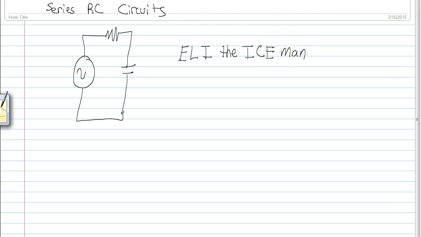That simple phrase, if you will, was supposed to show you that for an inductor, voltage leads the current.